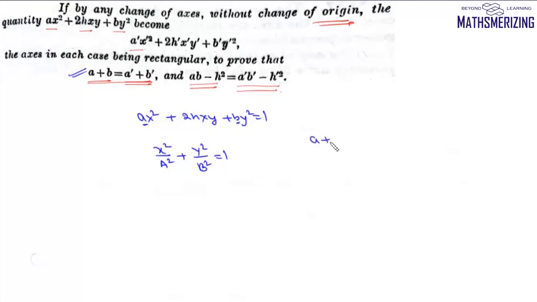So from here we can write a plus b is equal to 1 upon A square plus 1 upon B square, and then the second result is that ab minus h square will be equal to 1 upon A square B square minus 0, since h dash in this case is 0. We'll be using these two conditions to simplify problems in central conic.